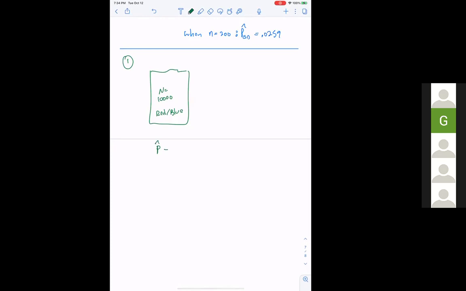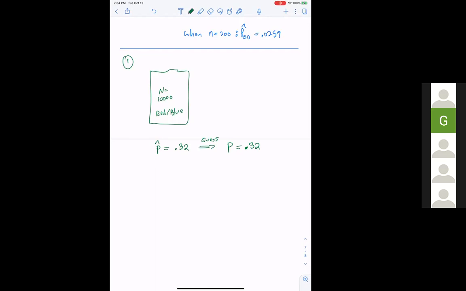First, what is your p hat? 32%. It's 32 over 100. So if I had to guess what my p was, what's the best guess I can make? It will be 0.32, because remember, you use your sample value as a way of inferring information about the population.